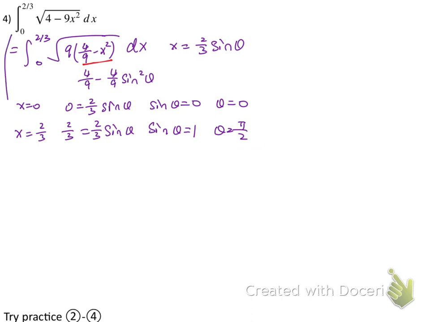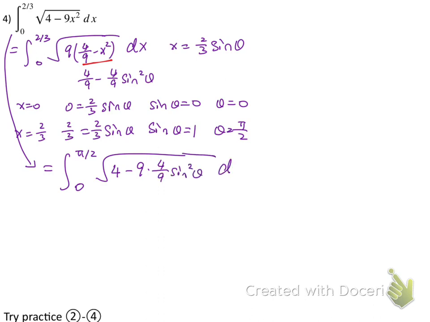Okay, now I can do the rewriting. 0 becomes 0, 2/3 becomes pi over 2, over the square root of 4 minus 9 times 4 over 9 sine squared theta, d of 2/3 sine theta. So they cancel each other. You can pull out the 4 under the radical. So again, this is square root of 4, which is 2.